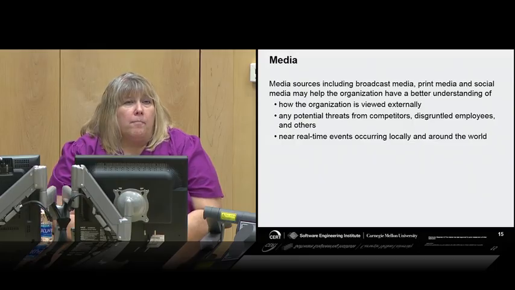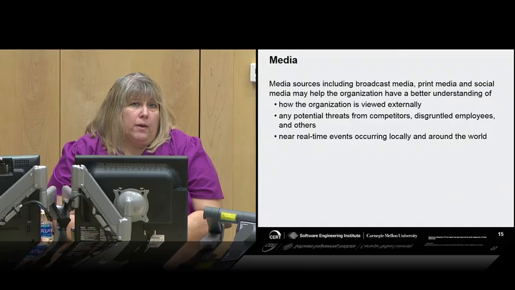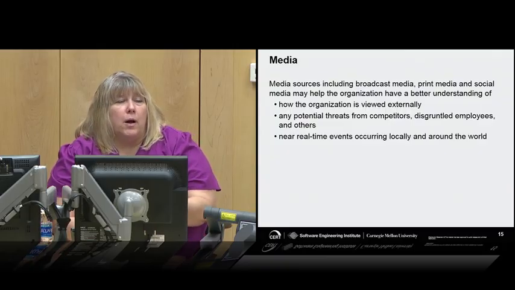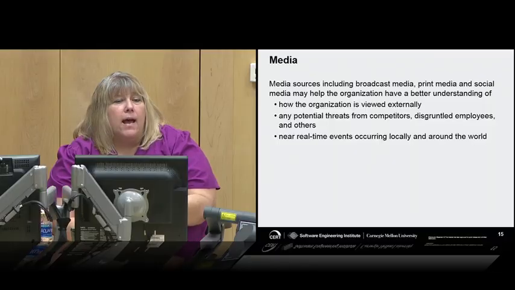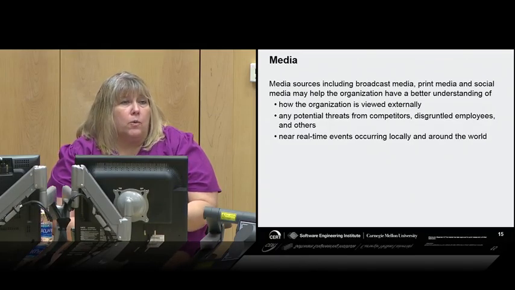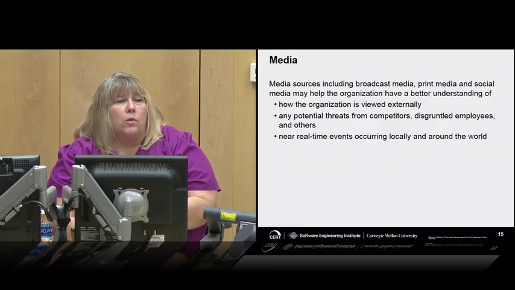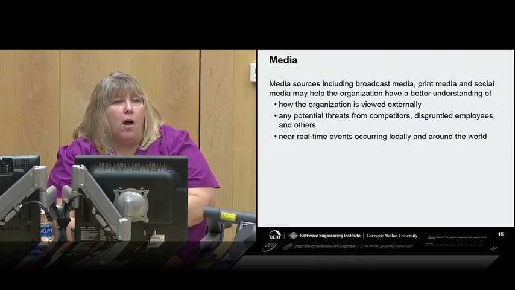Also, there can often be phishing emails and social engineering attempts to get people to go to bad URLs, to go to malicious sites. And we especially see this when there are disasters around the world. People might send out emails saying, oh, look at these pictures, or contribute money to this cause.